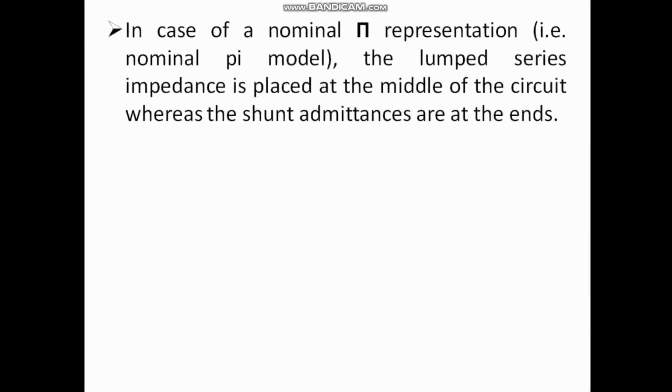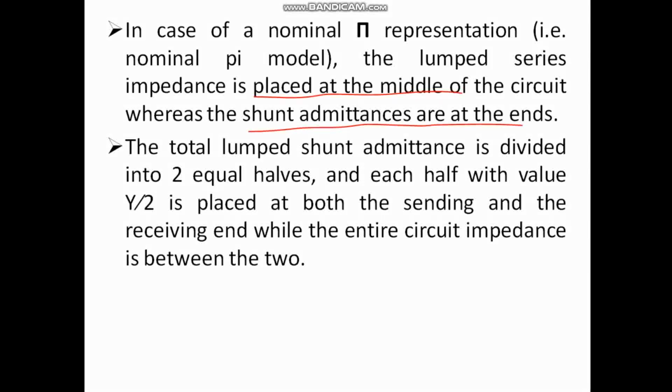We'll proceed. Now in case of nominal pi representation, the lumped series impedance is placed at the middle of the circuit, whereas shunt admittances are at the ends, as I have shown you. The total lumped shunt admittance Y is divided into two equal halves, so it is Y by 2 in each branch.